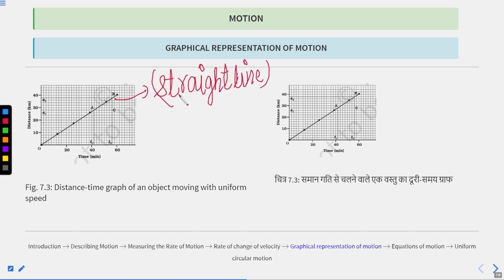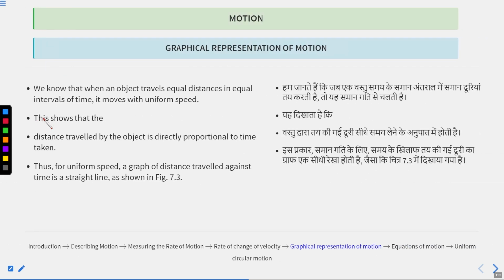If the object is in uniform motion, then the slope of the distance-time graph is a straight line. We know that when an object travels equal distances in equal intervals of time, then the object is moving with a uniform speed.